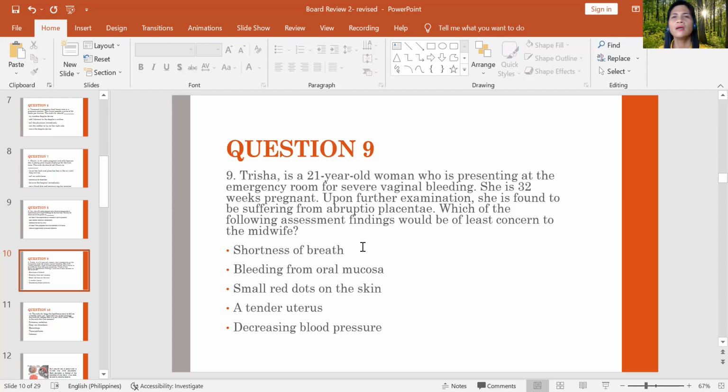Magkakaroon ng bleeding. Talagang magkakaroon ng too much bleeding kasi disseminated intravascular coagulation yan. So DIC is a clotting disorder in which the blood inappropriately clots. Hindi siya nagkakaroon ng clots kaya nagdudurugo yung mother, di ba?